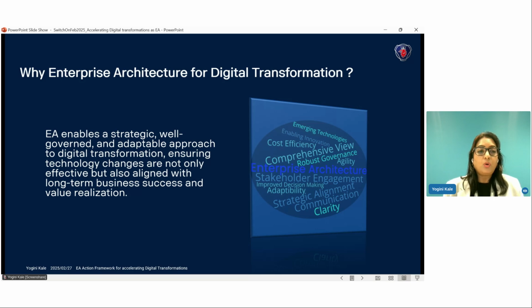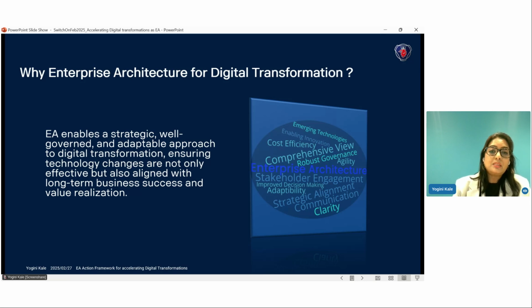And why do we think that enterprise architecture can make a difference on the digital transformation side of things? As you know, enterprise architecture enables a strategic and well-governed adaptable approach for digital transformations, which essentially helps to align the strategic priorities with the long-term business success and value realization.